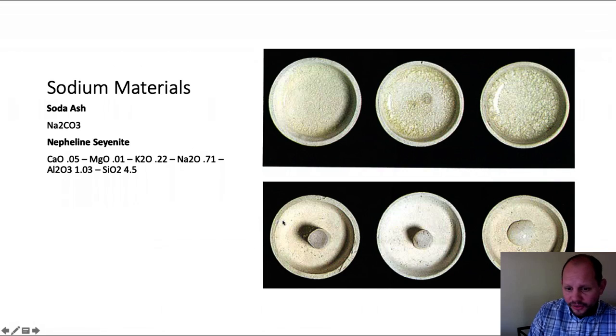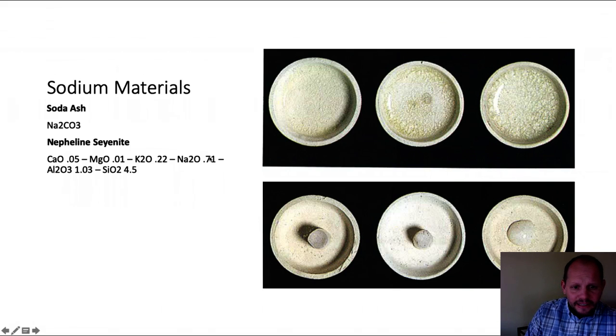And then this is nepheline syenite, it definitely represents more of what you would consider a glaze surface. And because it has calcium, traces of magnesium, and the silica alumina ratio is pretty low, it's going to be a little bit more refractory in its melt by just itself, as you can see right here.